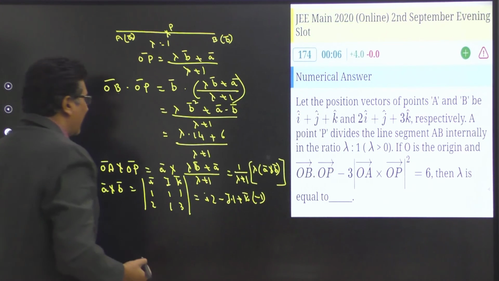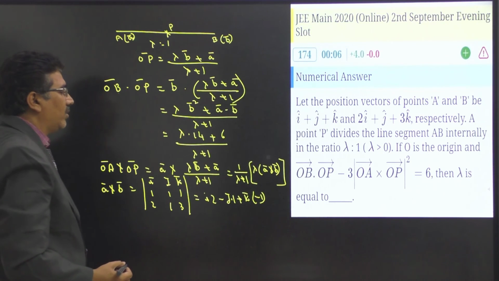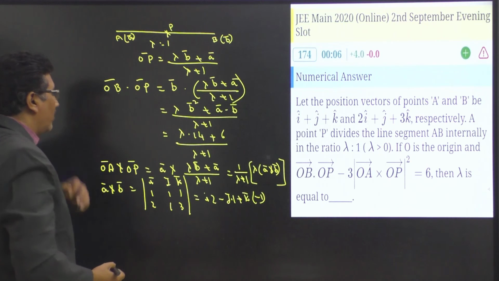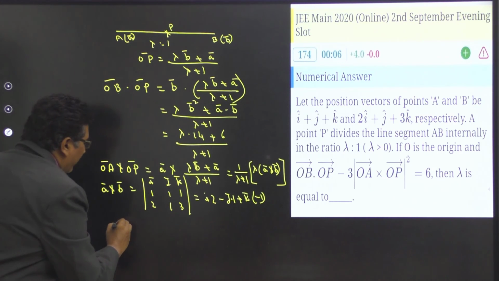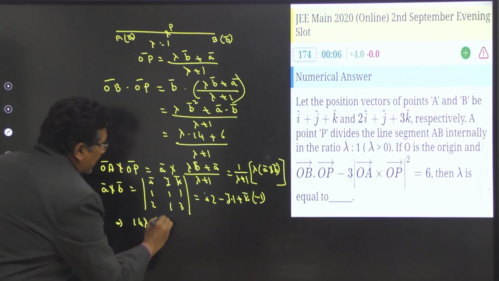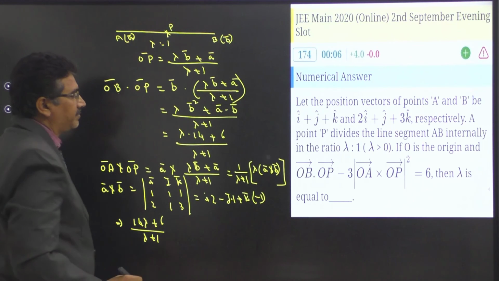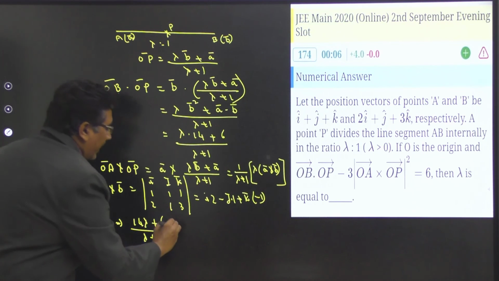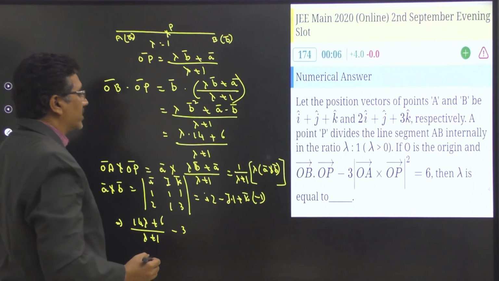That is A bar cross B bar. Right, so now OB bar dot OP bar is 14 lambda plus 6 divided by lambda plus 1, minus 3 into OA bar cross OP bar whole square.